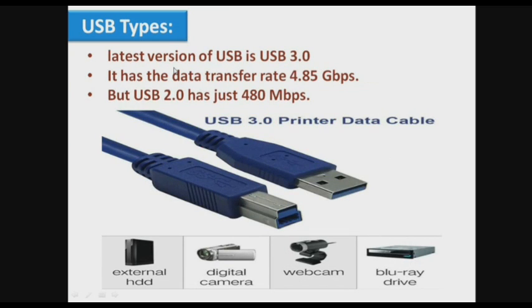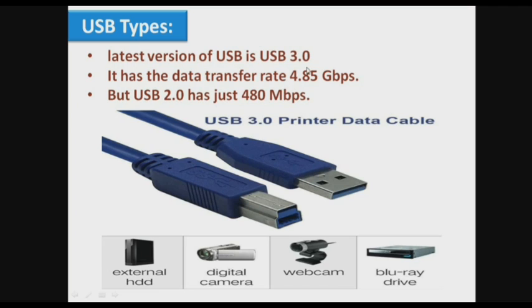There are different types of USB cable available. Generally, they come in three types: USB Type A, USB Type B, and USB Type C. The latest version of USB is USB 3.0. It has the highest data transfer rate at 4.85 gigabits per second.